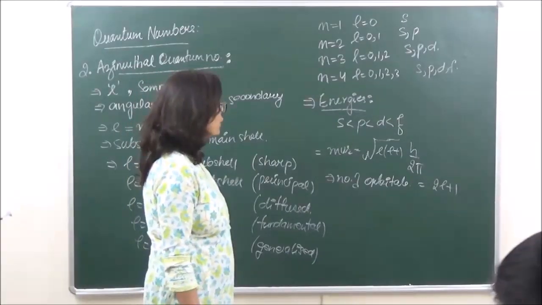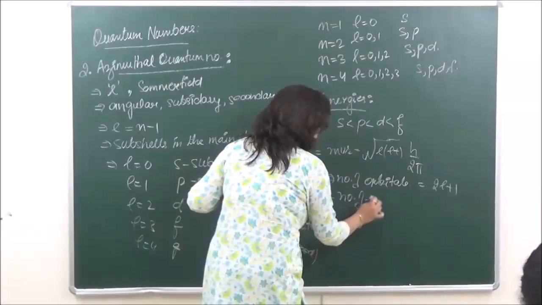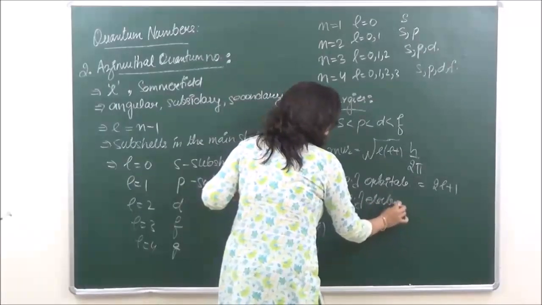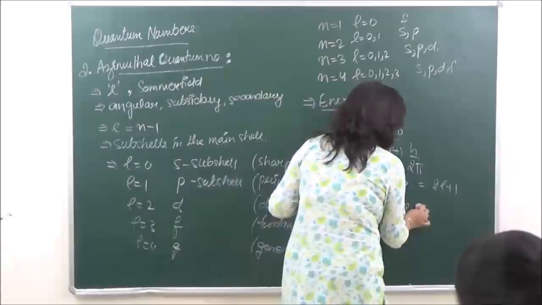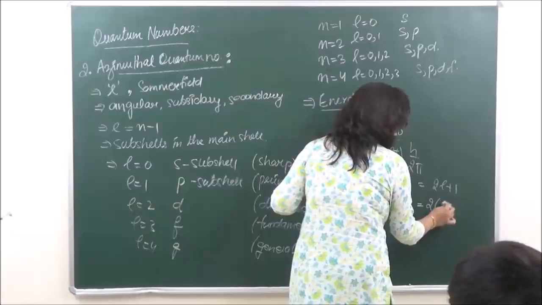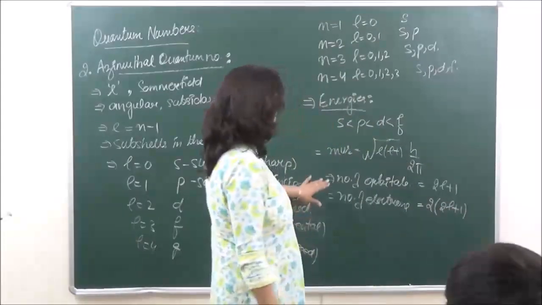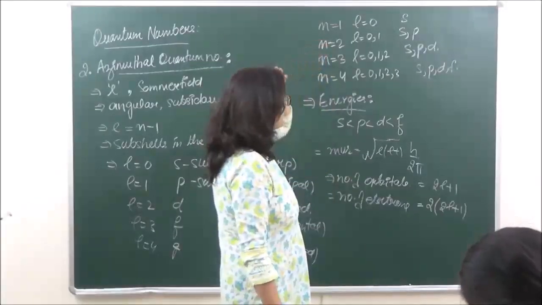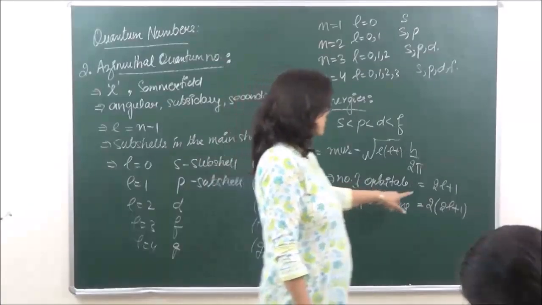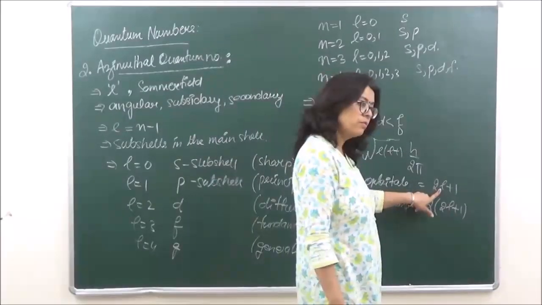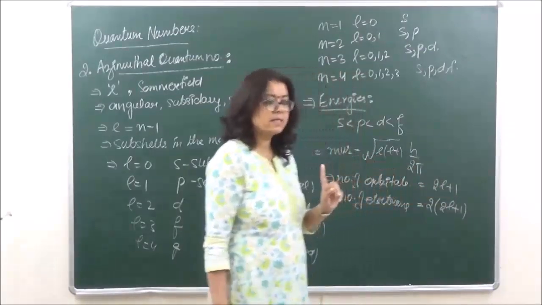For example, if we want to calculate the number of orbitals in S, then the number of orbitals would be 2 into 0, because the value of L is 0, plus 1. Only one orbital is present in S.